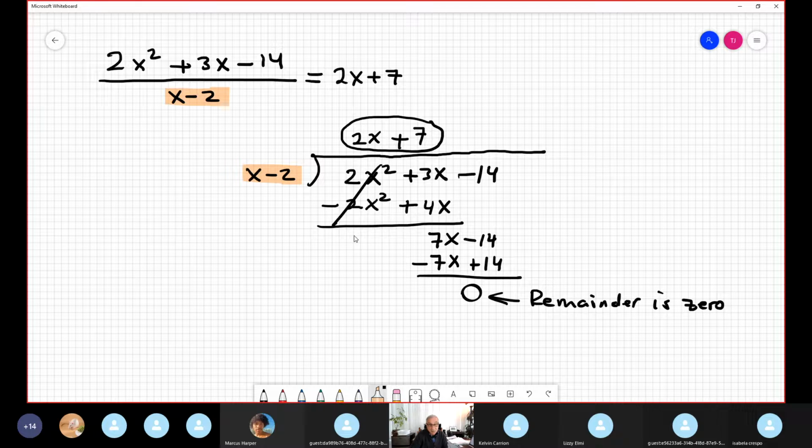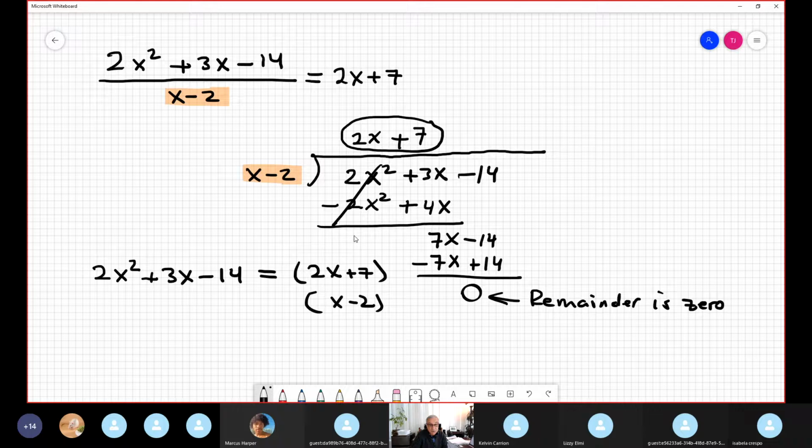Therefore, you can write this polynomial as a factorization: 2x plus 7 times x minus 2. It's the same multiplication. So this is a super efficient way to do the factorization without factorization, using synthetic division or long division.